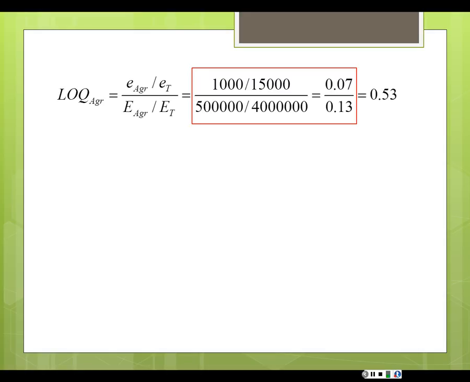That's about 7%. And in the nation, you have 13% of workers working in the industry of agriculture, and therefore if you take the ratio, it's 0.53, and therefore the location quotient for the agricultural industry in your region is 0.53. That's because your region has lower than the national average share of agricultural employment, and this location quotient is smaller than one, which indicates that your region may have a weakness in agricultural.